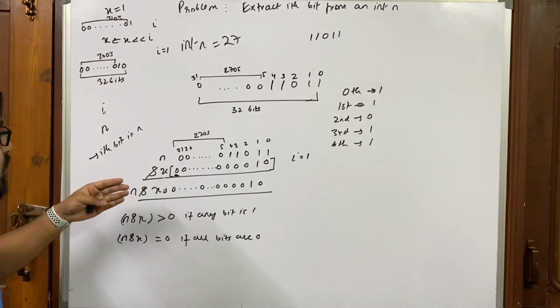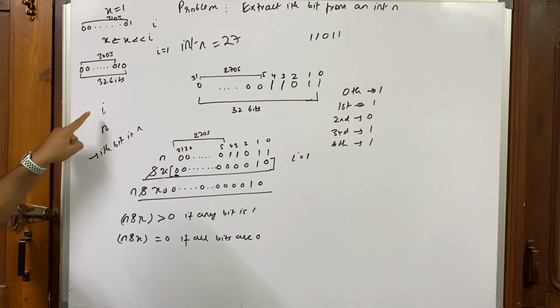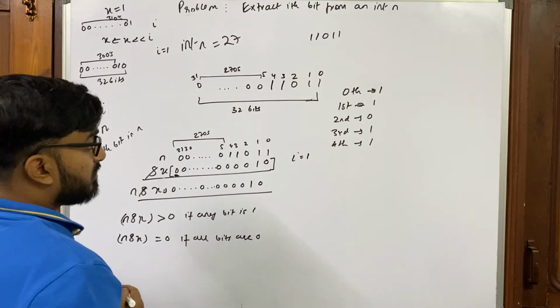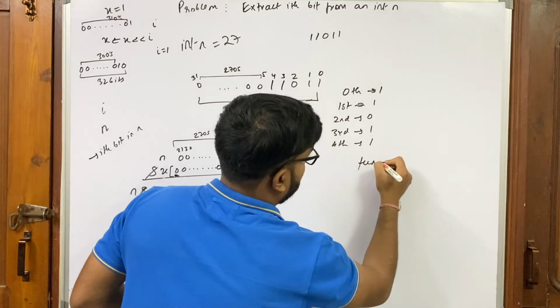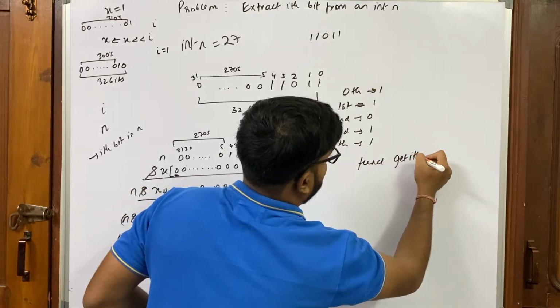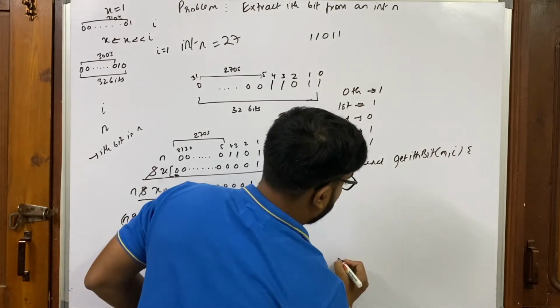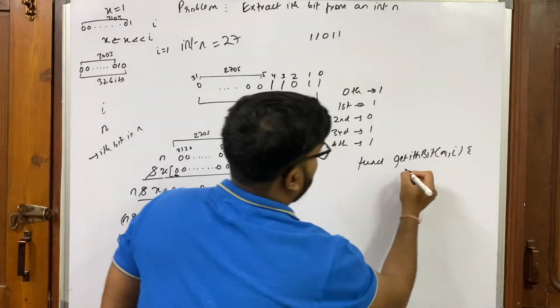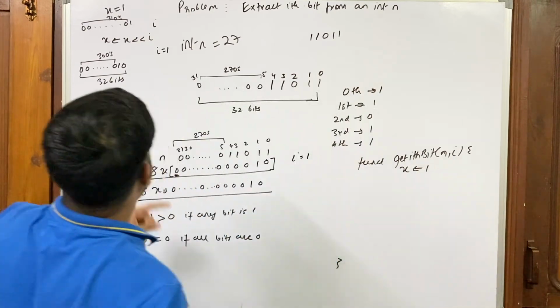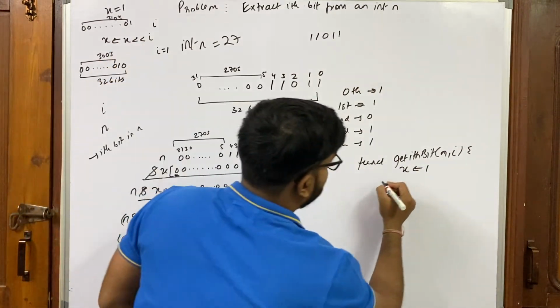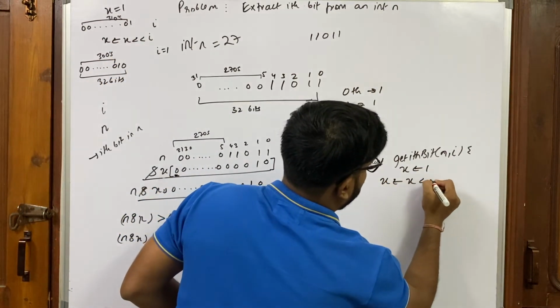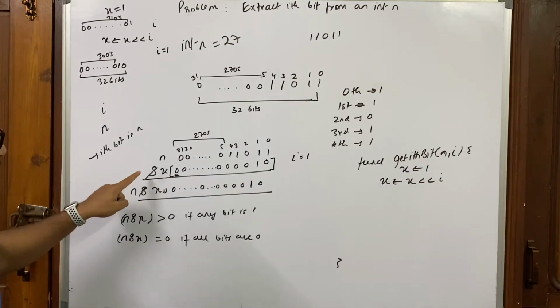So let me write a pseudocode that takes the value of n and I. It returns 1 if the ith bit is 1. It returns 0 if the ith bit is 0. So I say function get ith bit, takes the value of n and the ith bit to find. First task is to set x to 1, then x left shift by I places, then you ampersand n and x.